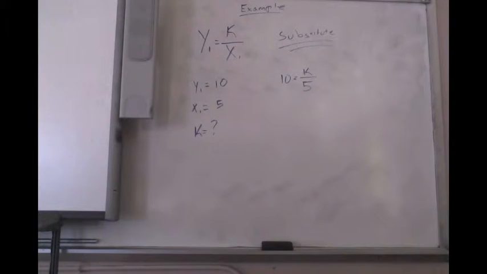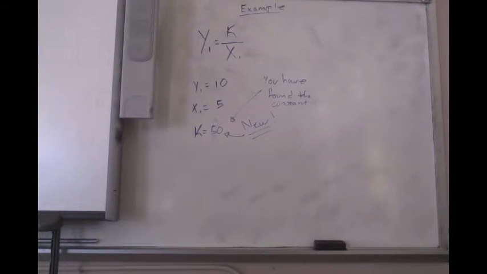I was just substituting first, so y equals 10, 10 equals k over 5, and basically the x gets substituted by 5. So what you get from this is that you do simple algebra, and you come down to the conclusion that k equals 50.